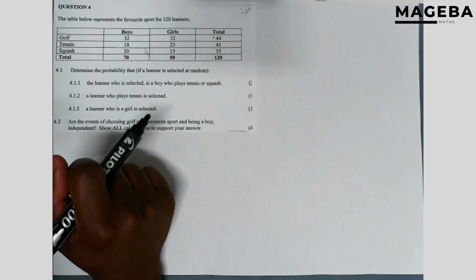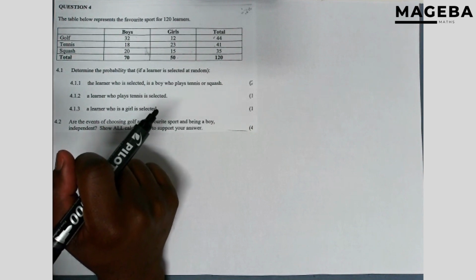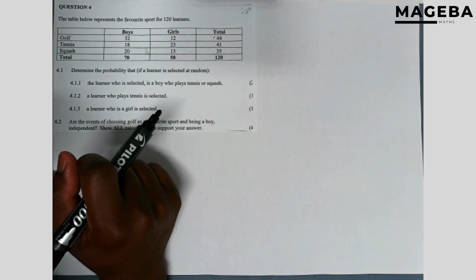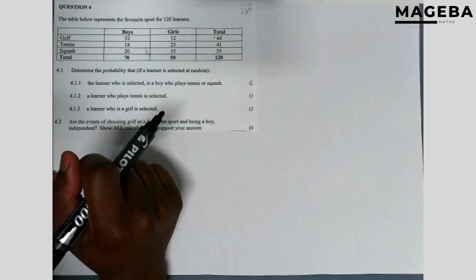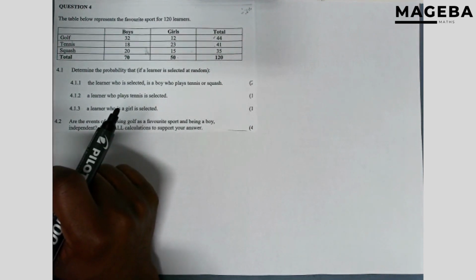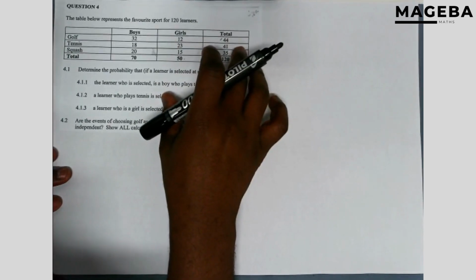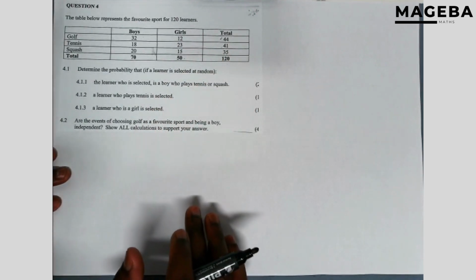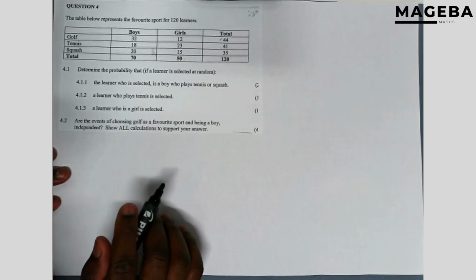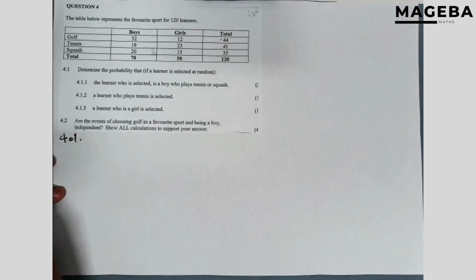On the boys that play golf we have 32, on girls that play golf we have 12, and then boys on the tennis we have 18, and girls on the tennis we have 23. Then boys on the squash is 20, and girls on the squash it's 15. And then we also have the total of each and every sport, and the boys and the girls. Now let's start tackling these questions.